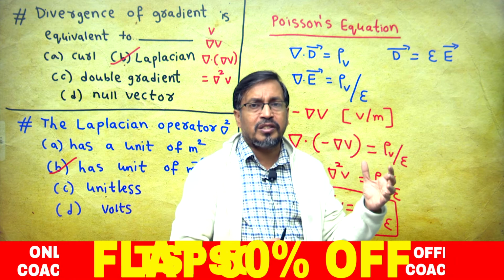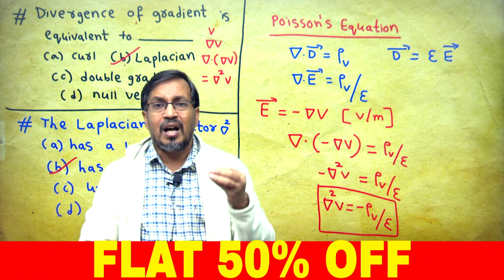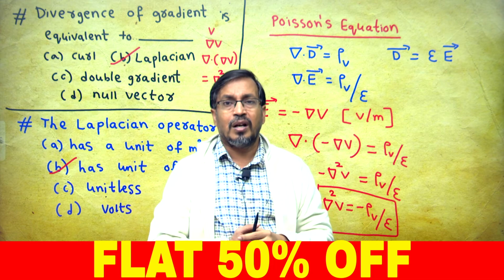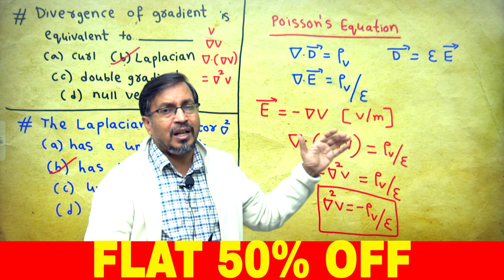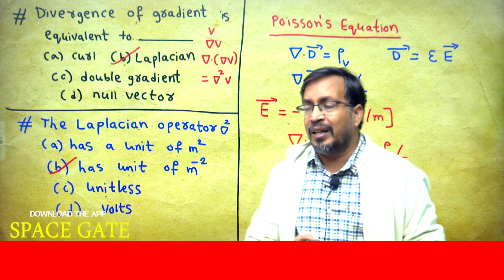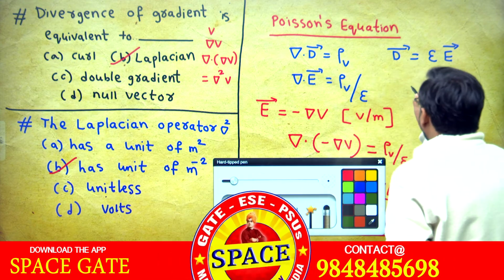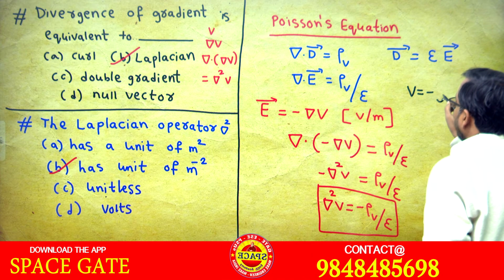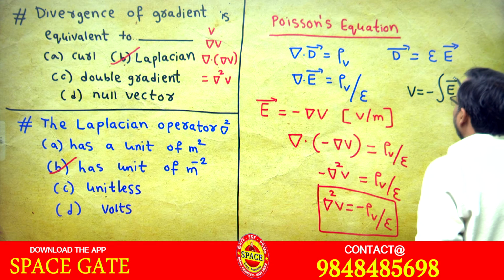Sometimes they will give electric flux density or electric field intensity and ask for volume charge density. Sometimes they will give potential and ask for electric field intensity, and sometimes they will give electric field intensity and ask for potential, then the formula is V equals minus line integral of E dot dl.